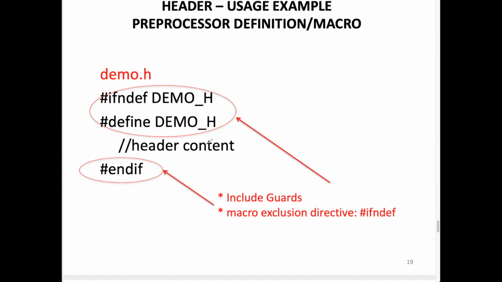Therefore, the header content for demo1.h to pull in that header 3 won't happen at that point. This is what we call an include guard, and this is done by using a macro exclusion directive called if not defined.